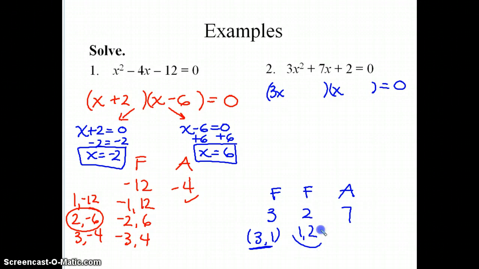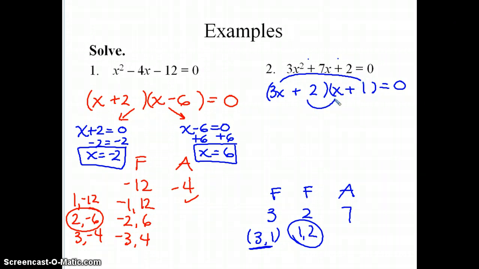I will begin with 3x and x. And now I'm going to do the trial and error method. I will put in a 1 here and a 2. And they're both positive, a 7x and a 2. When I check that with our smiley face method, I end up with 3x plus 2x gives me 5x.